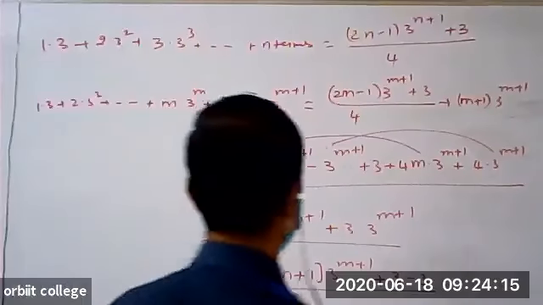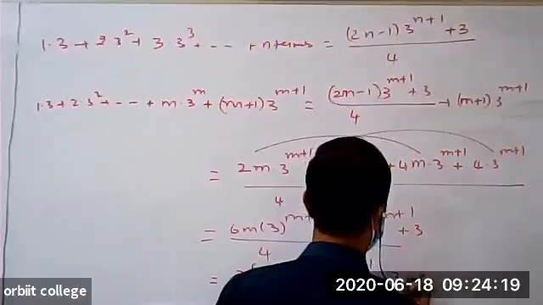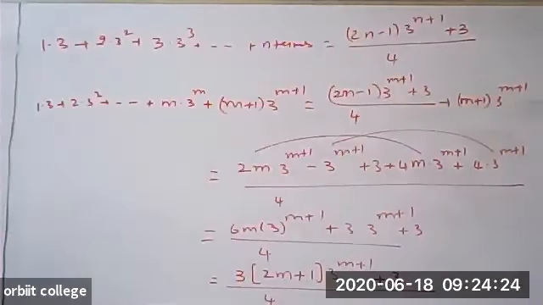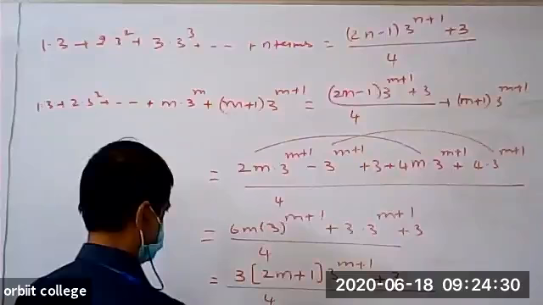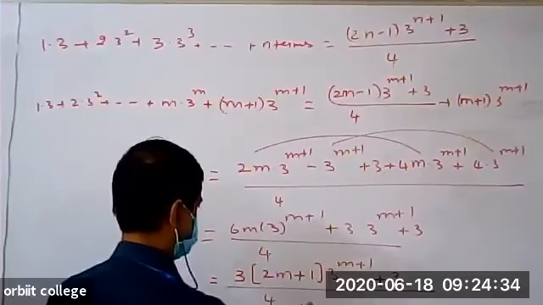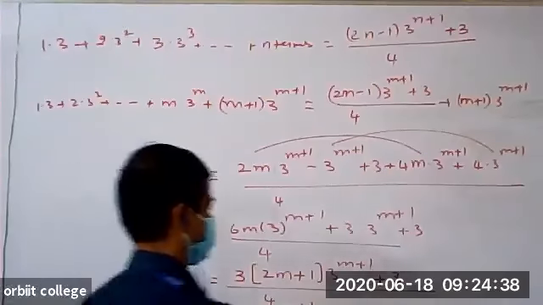Somewhere this plus 3 is needed, so this is not required. Now you check whether you are getting the final answer or not, because this becomes (2m plus 1) into 3 power (m plus 2) plus 3 by 4. So now 3 of m plus 1 is 2.